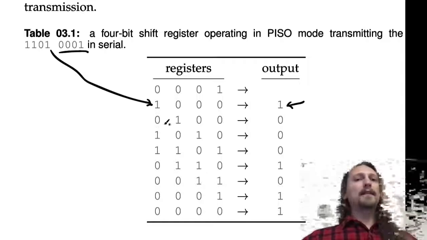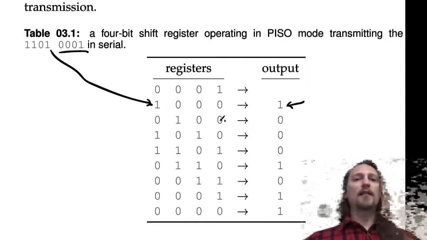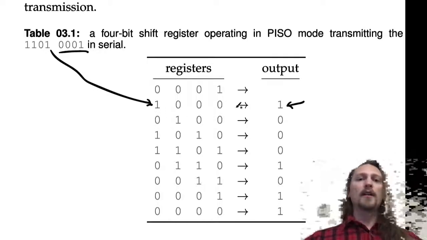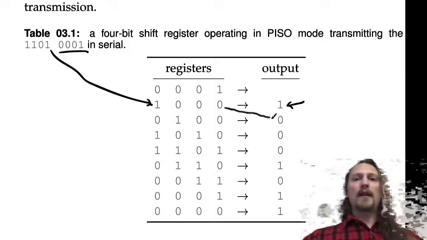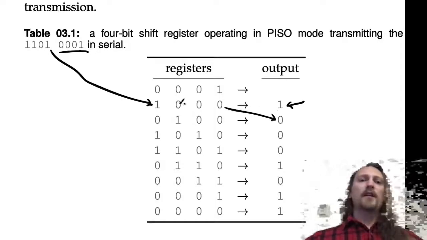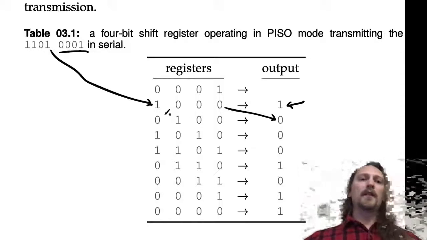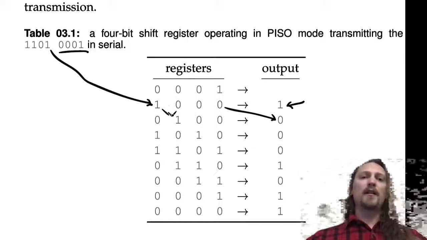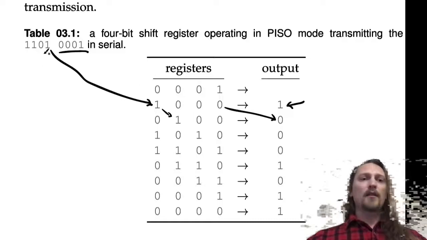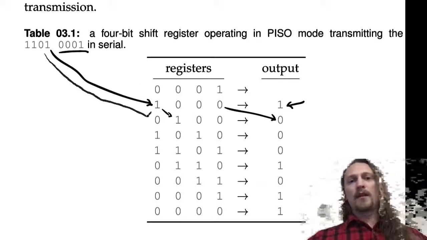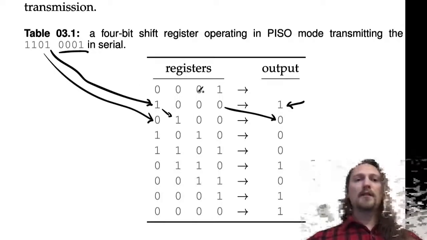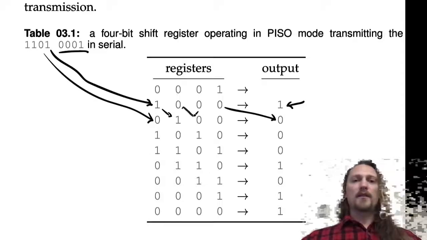And then we go to the next step, we shift things again. So the 0 goes out in the next step, and we shift everything to the right. So this 1 went to there. This 0 goes in the left side of the register. And this 0 goes there.